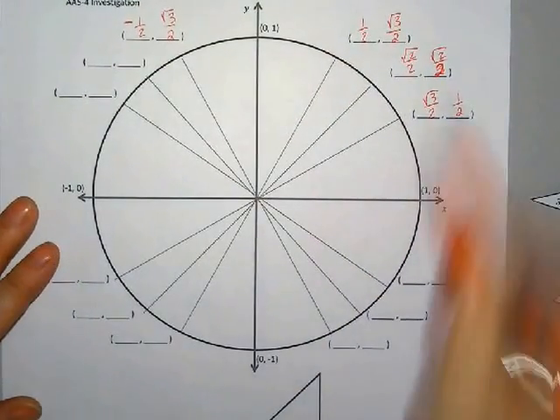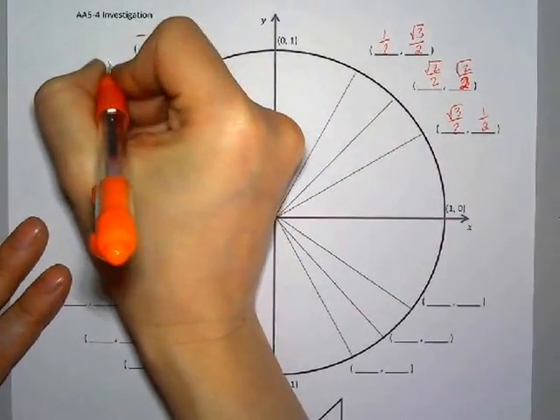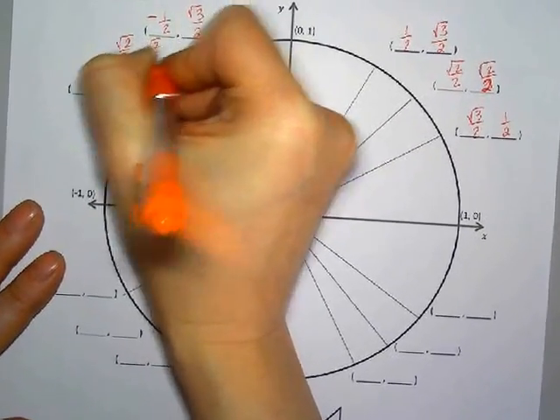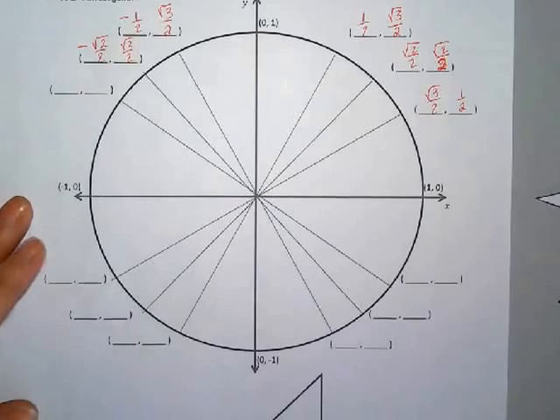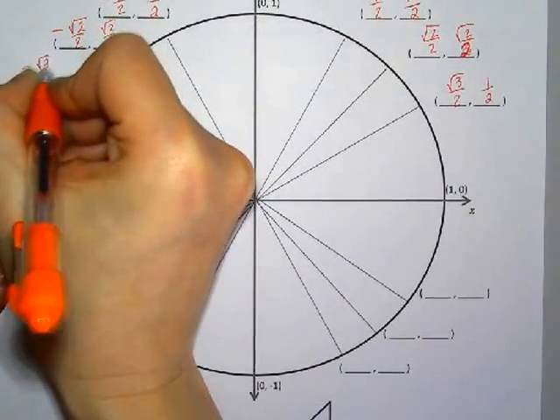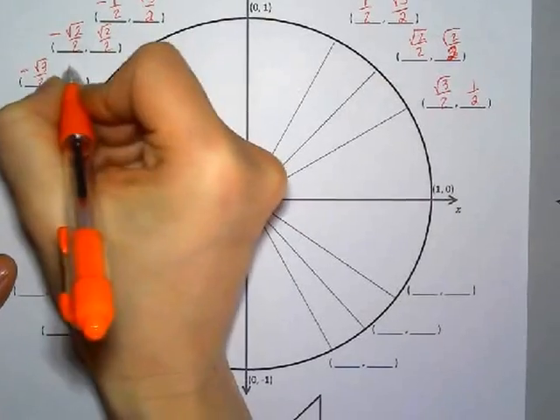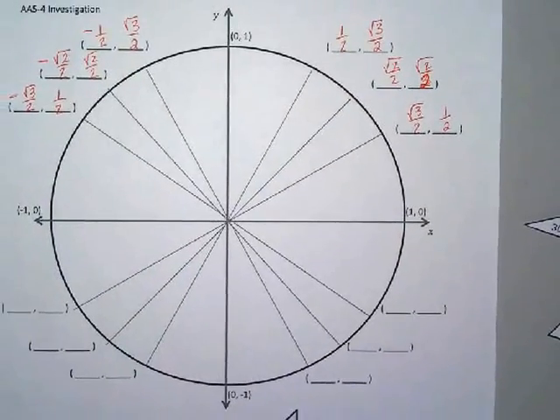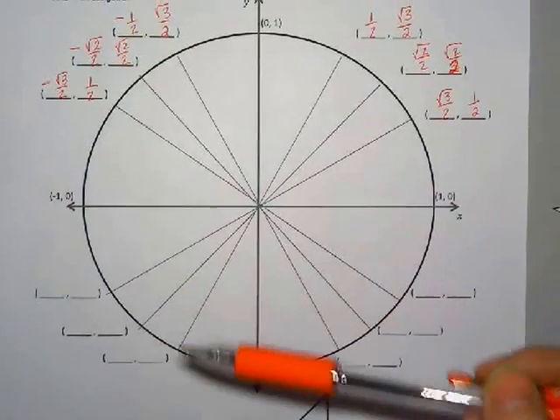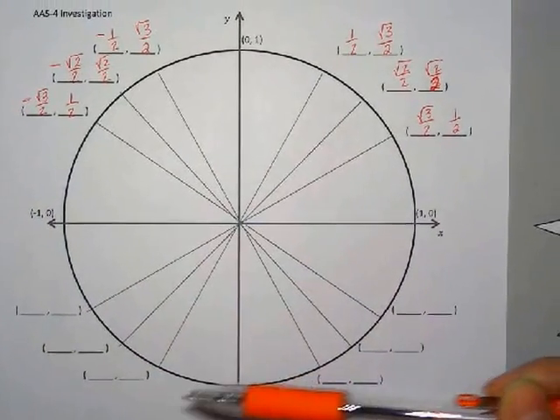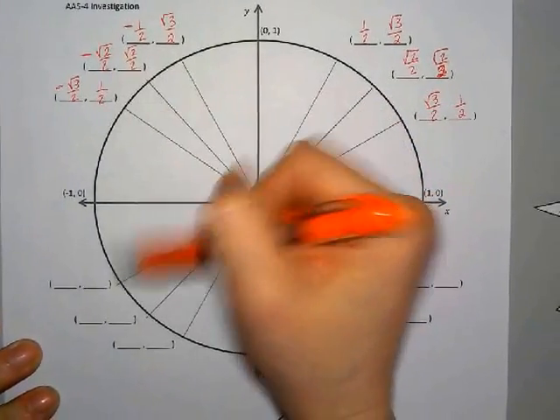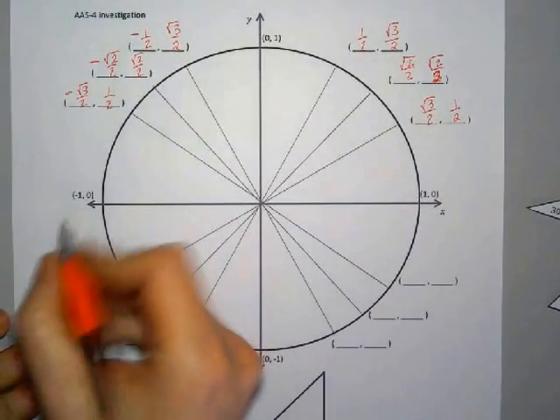1/2. So as I move around the circle, what is going to be different about these? All of them are going to be negative. So make sure you keep track of which ones are your mirror images. So this one's going to be negative rad 3 over 2, negative 1/2, negative rad 2 over 2, and negative rad 2 over 2. And this one's going to be negative 1/2, negative rad 3 over 2.